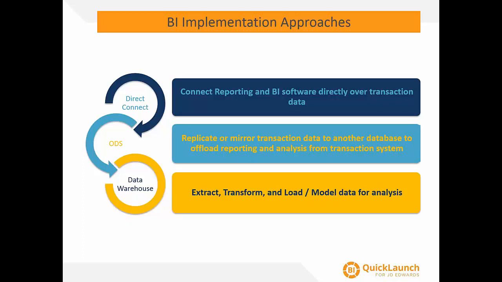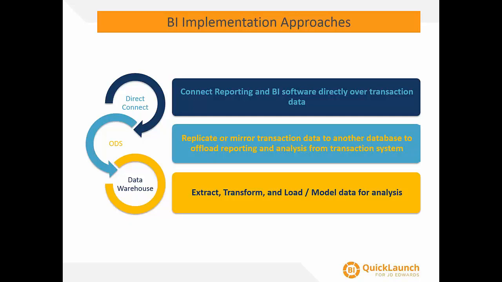And then the last is referred to as a data warehouse. The difference in the data warehouse is this is where ETL, extract, transform, and load software takes data from the source system, in this case JD Edwards, and puts it into an enterprise data warehouse target. You're basically modeling the data in a data warehouse, so you're getting that data structured in a way to facilitate BI.